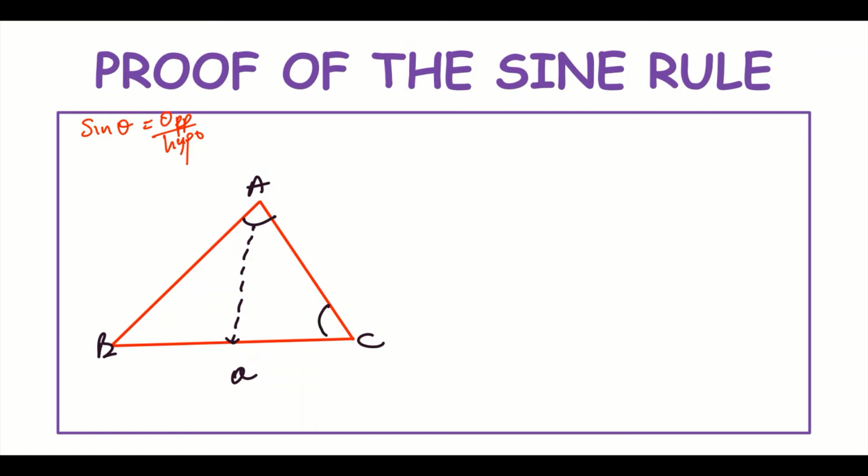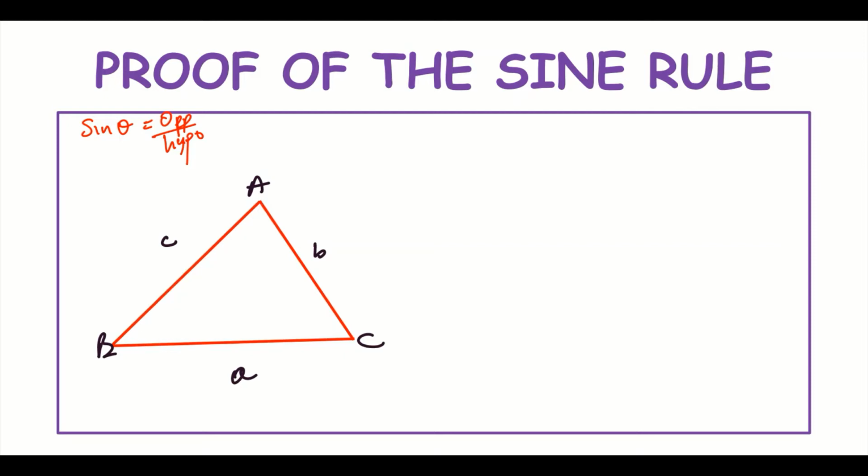If here is my angle C, the side opposite to the angle C is going to be c. And if here is my angle B, the side opposite to the angle B is known as the side b. We use small letters to denote the lengths of the sides, and we use capital letters for the angles.